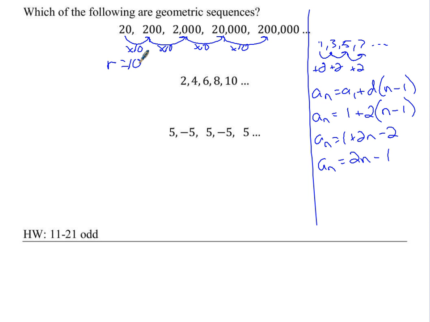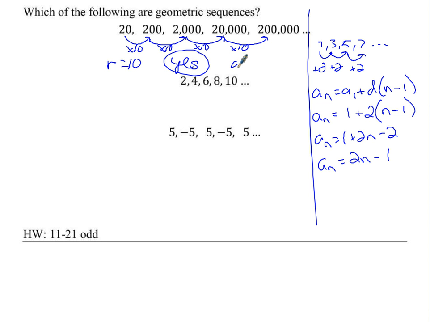So is this a geometric sequence? The answer is yes, because we have a common ratio. We're multiplying by the same number each time. So to answer this question, it's yes. And we don't have to do this on this problem, but we might as well do it because it's good practice. We can now write the equation for this geometric sequence. It's very easy to do as long as you remember the formula for it.